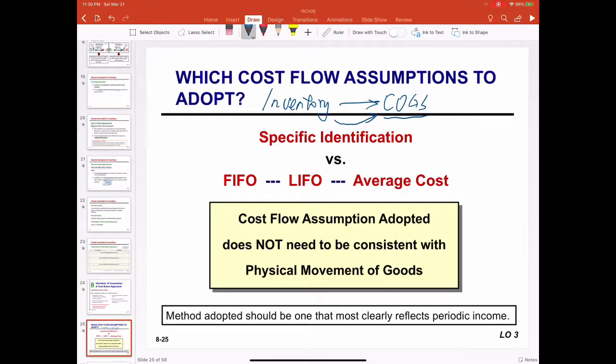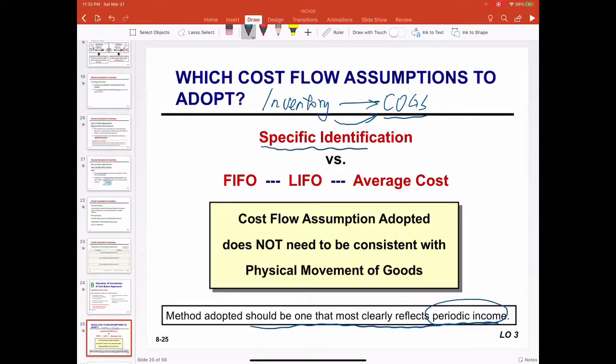In financial accounting, we have several assumptions applied to different firms. The methods or assumption applied should clearly reflect the periodic income. Basically, it's to make sure of the earnings quality.